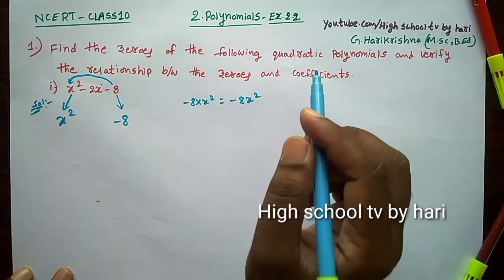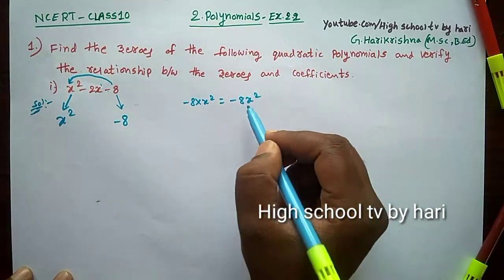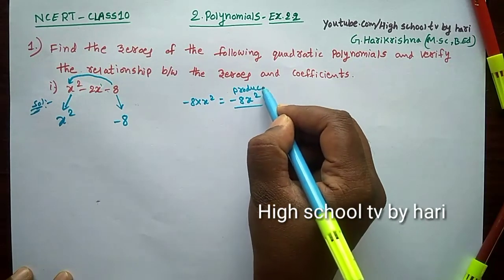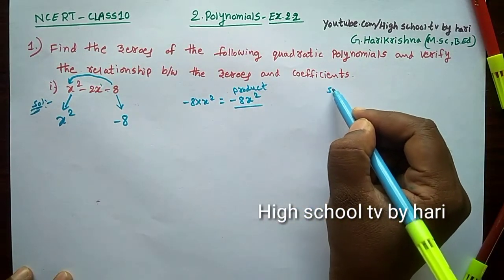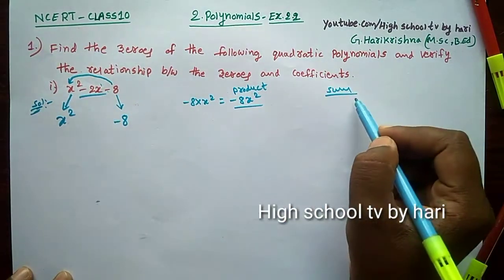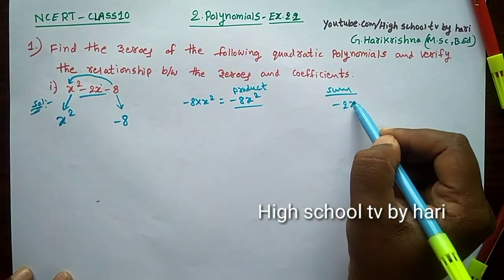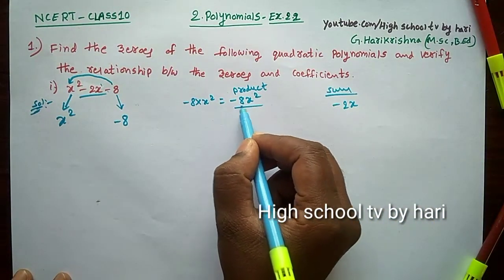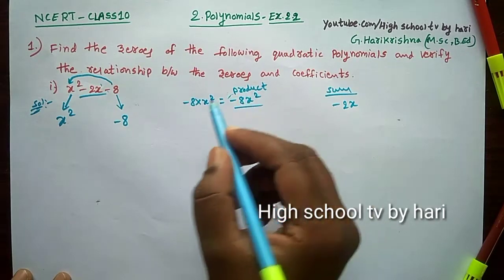Now we have to find two integers whose product is minus 8x square and whose sum is the middle term, minus 2x. Product is minus 8x square. First take minus 8.